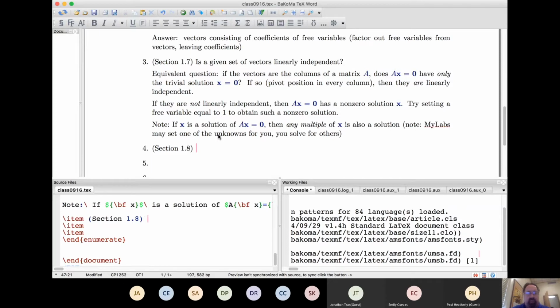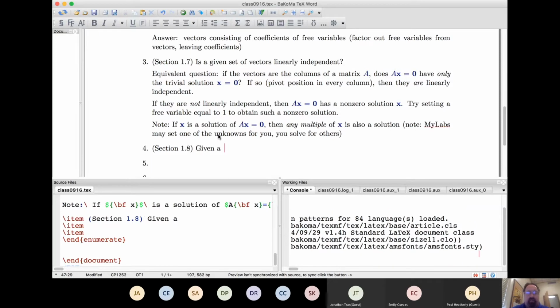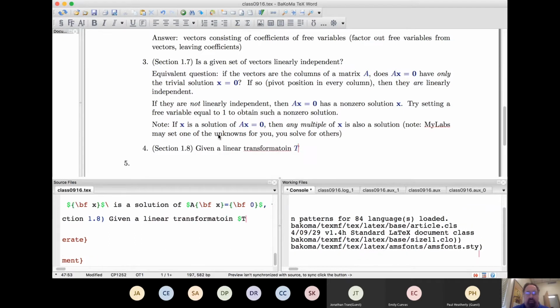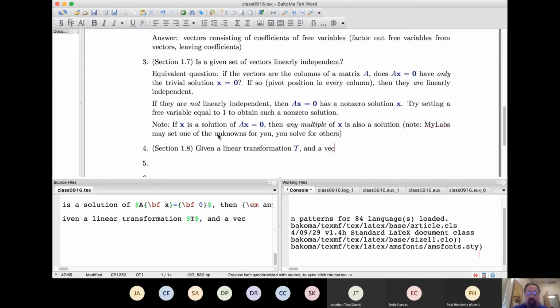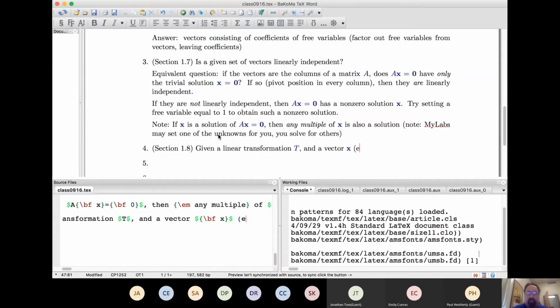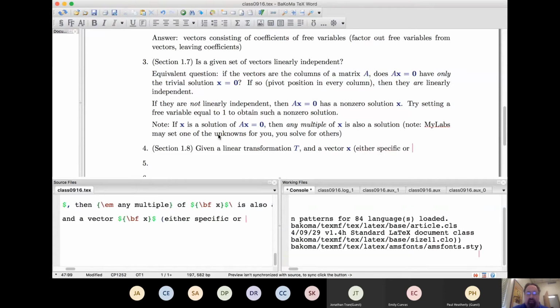So given some kind of linear transformation T and a vector x, I want to emphasize it can either be a specific vector, where I give you actual numbers for x, or a generic vector like x1, x2.